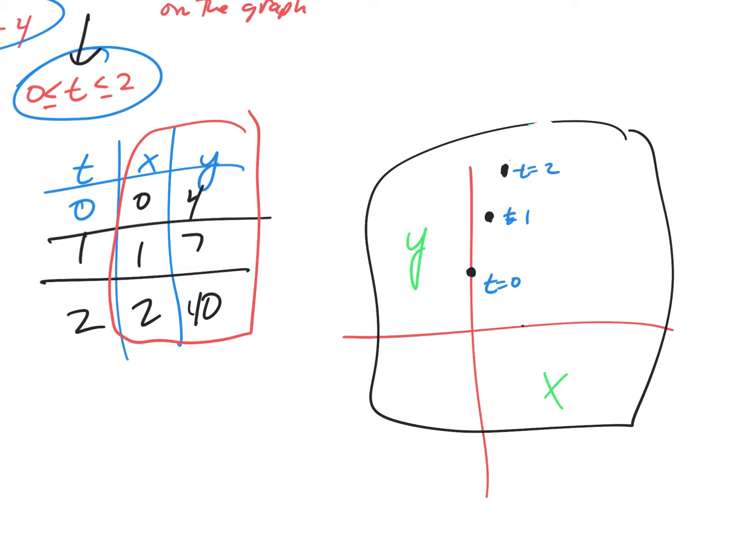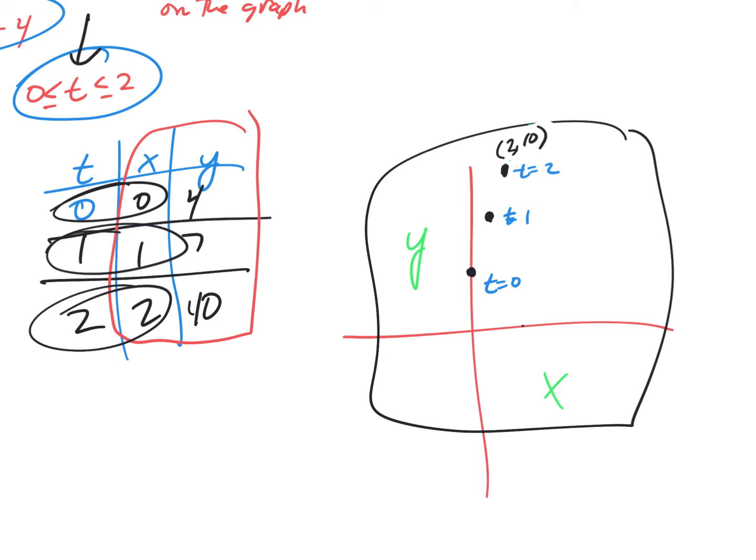Too messy. Black's easier to read, so I'm going to go with that. So at time 2, the x was 2 and the y was 10. Now, in this case, did you notice that the x and the t were always the same? Why? Because x was equal to t. Like it was a really easy one.